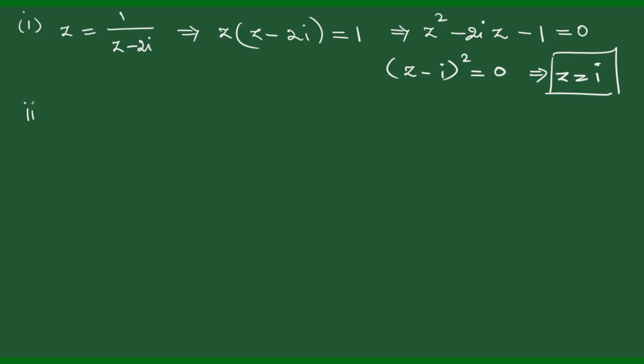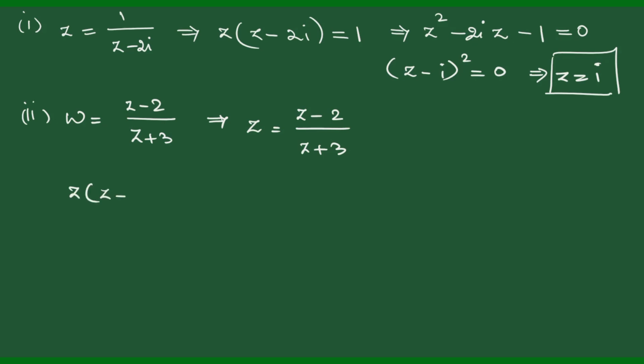Next, moving to the next question: W = (Z - 2)/(Z + 3). What we have to do here is replace W by Z, so Z = (Z - 2)/(Z + 3). Cross multiplying, we get Z(Z + 3) = Z - 2.